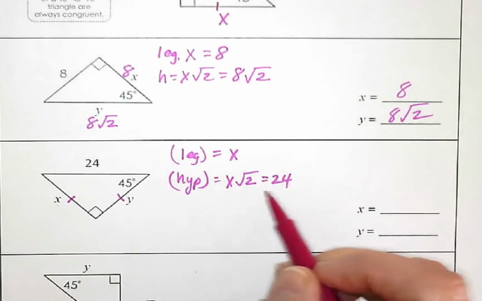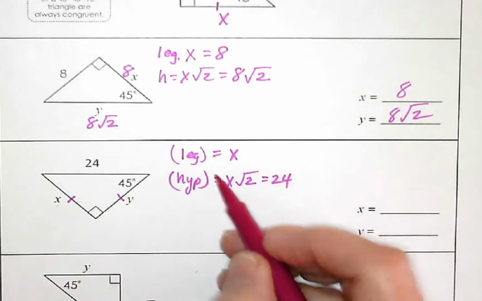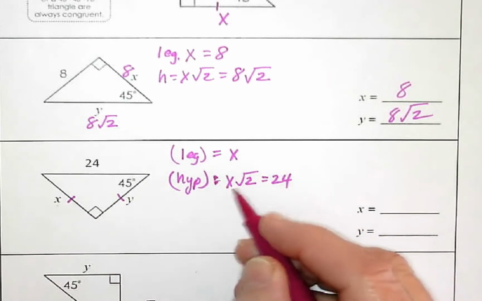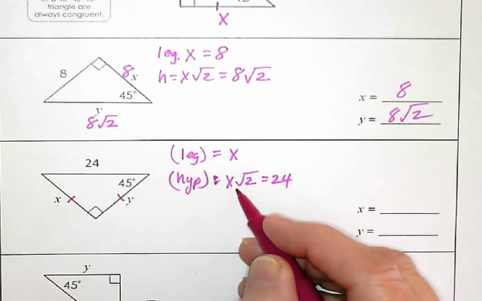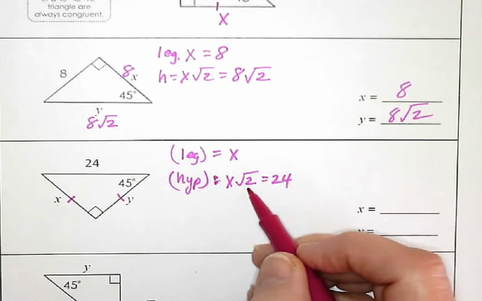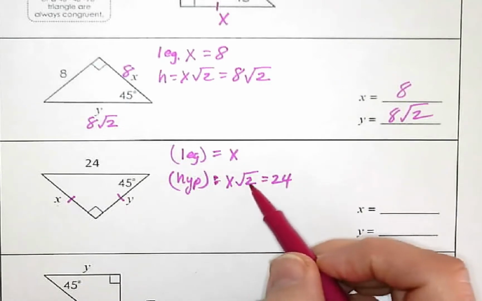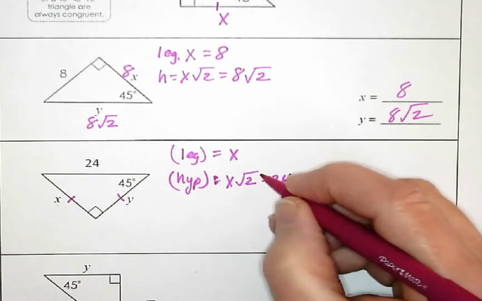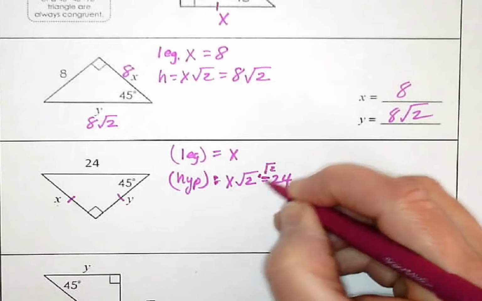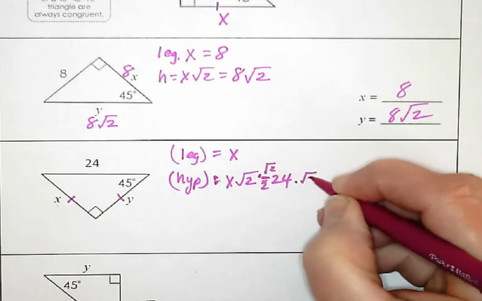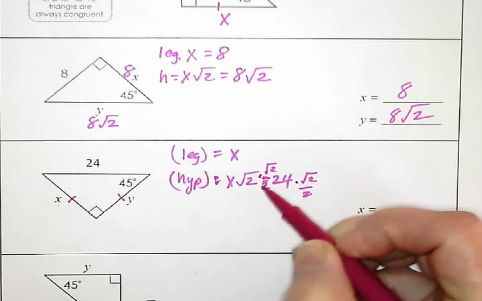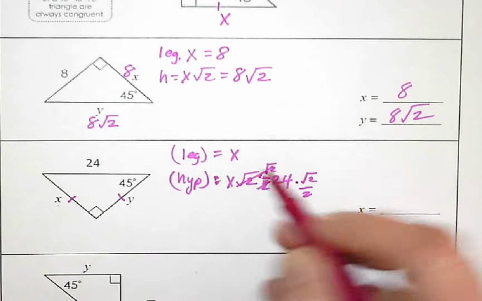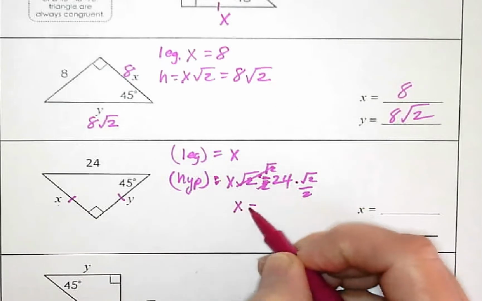Now this goes back to the equations we just did. I need to get a 1 in front of this x. So how do I make a square root of 2 into 1? I multiply by square root of 2 over 2. When I do that, those cancel out, and I have my 1x.